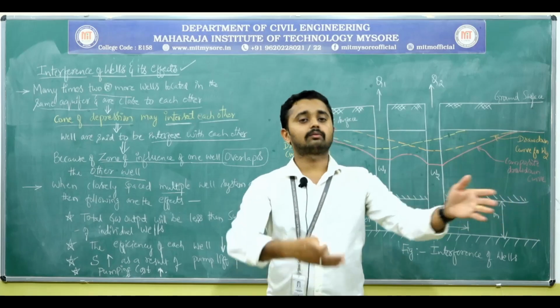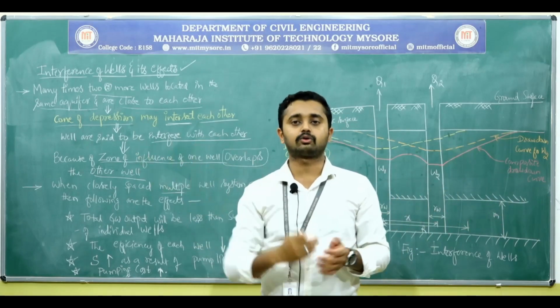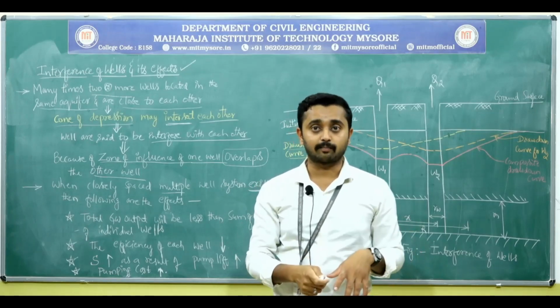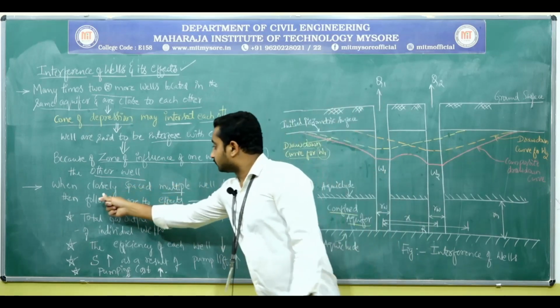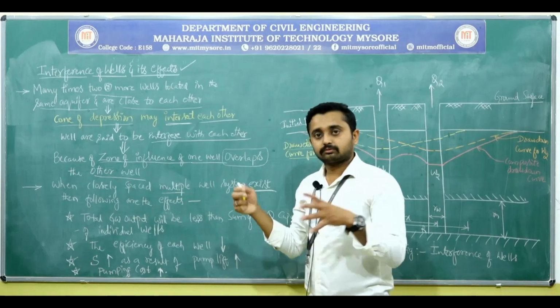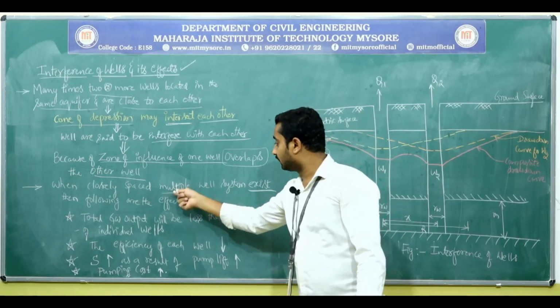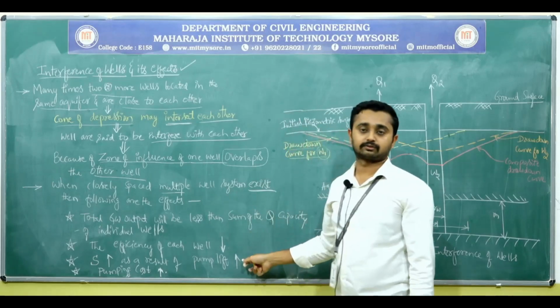From this point, just after 100 to 200 meters, we can expect another well, particularly in agricultural areas. Closely spaced means nearby wells. When a multiple well system exists, then these are the effects.